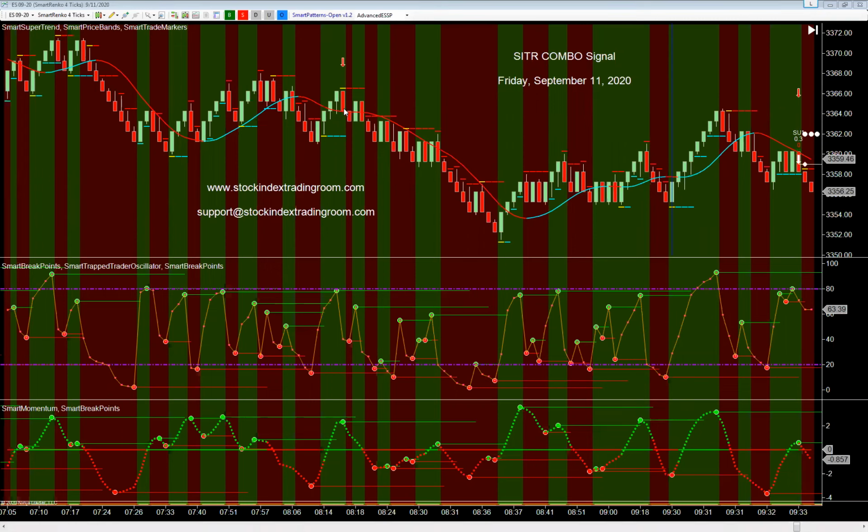As I mentioned before, all of our indicators, proprietary Smart Renko bars, Smart Price Band, which is this colored moving line throughout the chart, Trap Trader Oscillator, and then Smart Momentum and Smart Super Trend, which we will not be looking at today, were coded, tested, refined, traded, and used by the world's largest E-mini trader, Rob Mitchell. In the room, we're blessed to be able to use his tools.